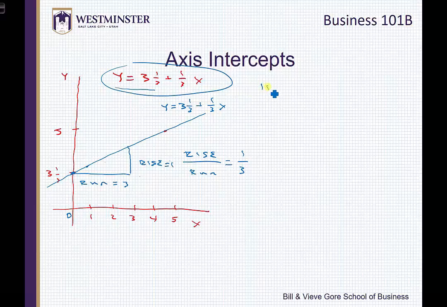So if y equals 0, then what I have is 0 is equal to 3 1/3 plus 1/3 of x, or 1/3 of x is equal to negative 3 1/3.